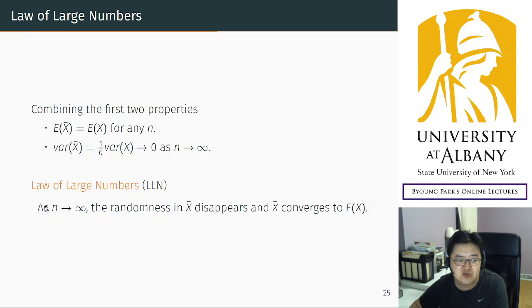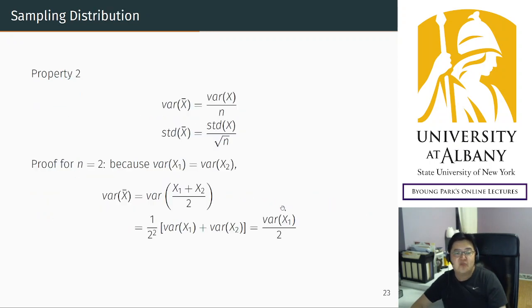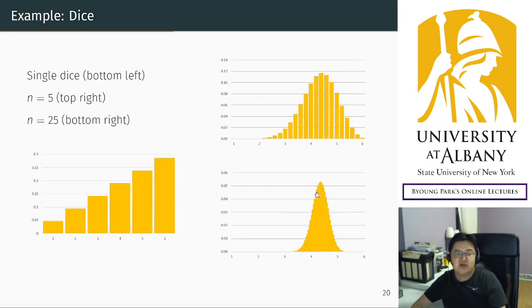As n goes to infinity, the randomness in the average disappears and x bar converges to the true mean, right? So probability will disappear everywhere else but the center. In the end, the probability will be more and more concentrated as n goes to infinity.